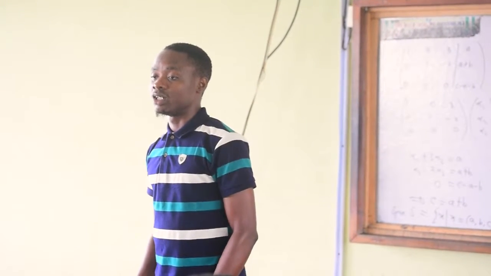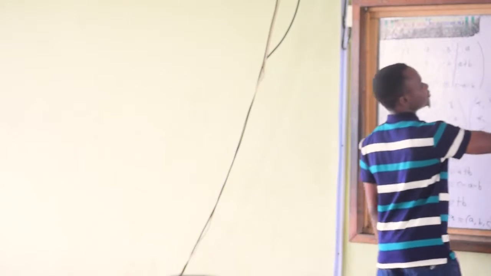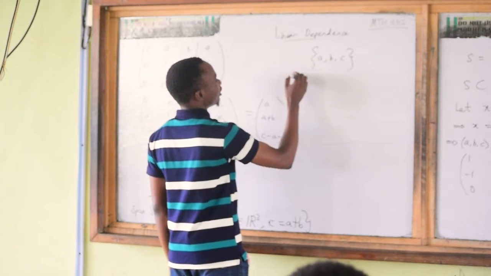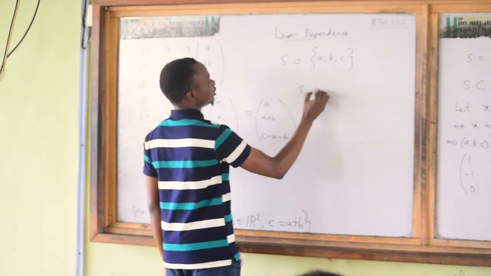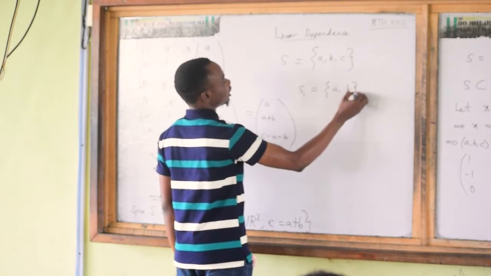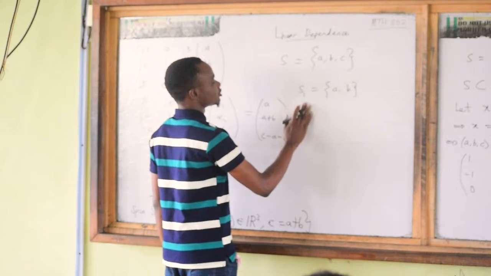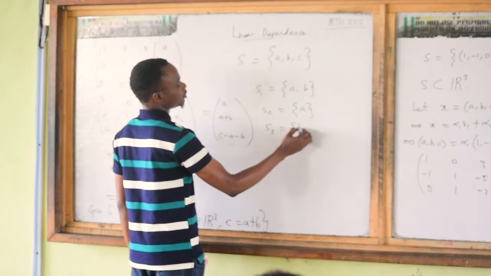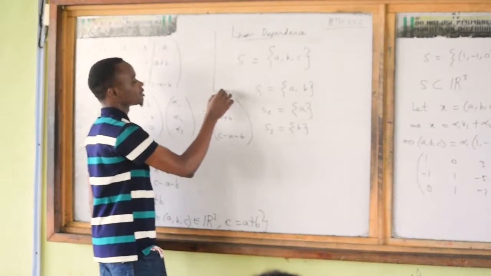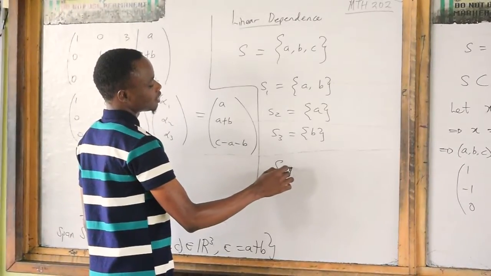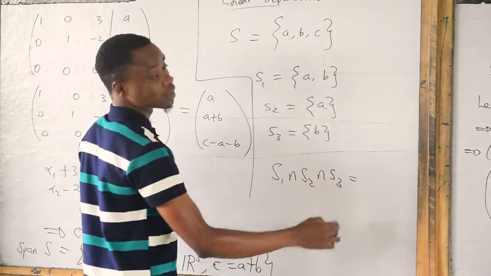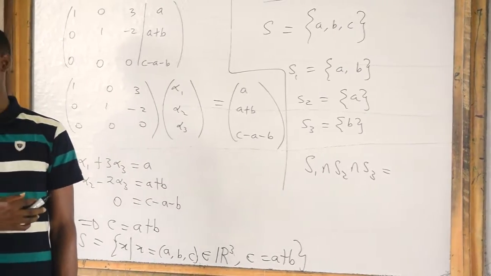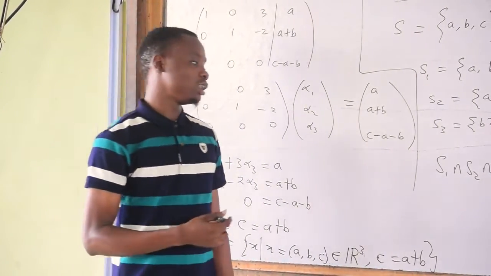So if you have a set A, B, C, and you have subsets, consider the intersection, not the union. If there is no intersection, you get the empty set.